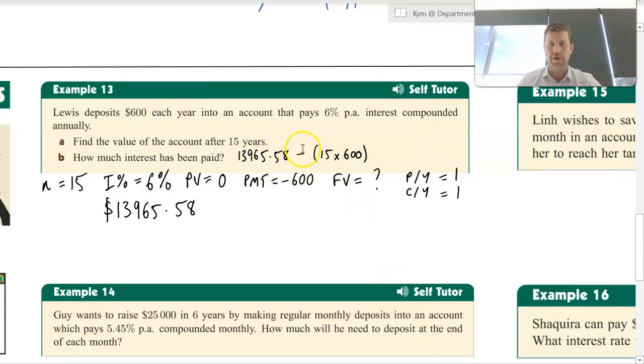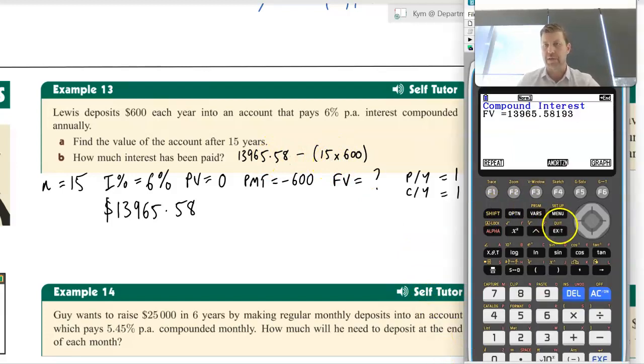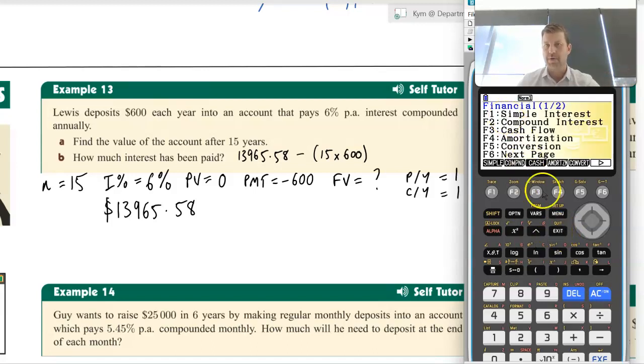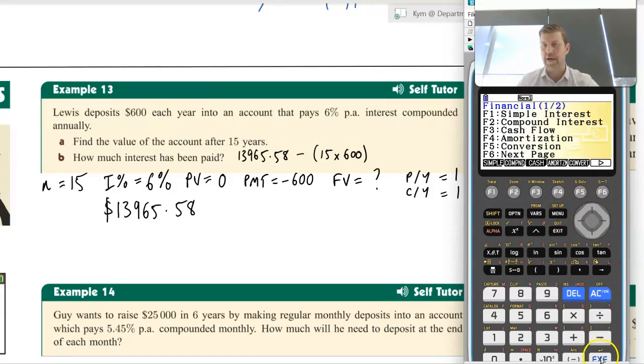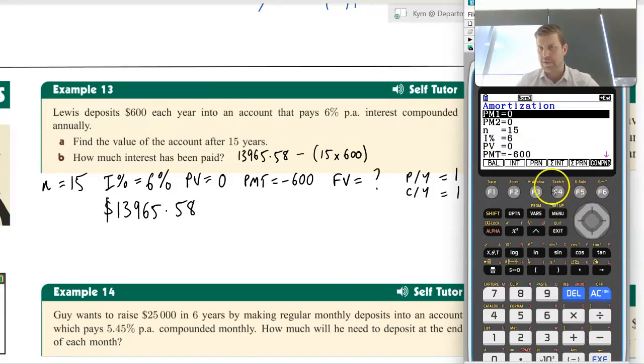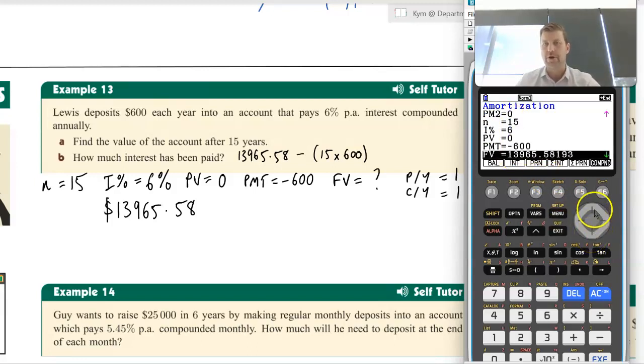There is another way of doing it though, so you can put that straight in the calculator. I'm going to show you another way of doing that using a different function within your finance function. So within there, you then go down to F4, which is amortization. So if I click on that, it's actually got all the details I've already put in. So I'm going to set the years. So PM1 and PM2 are going to be the number of years.